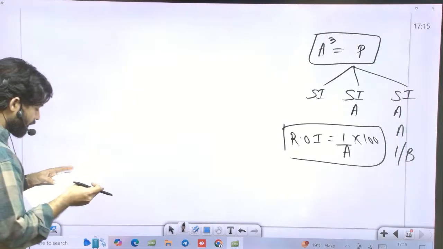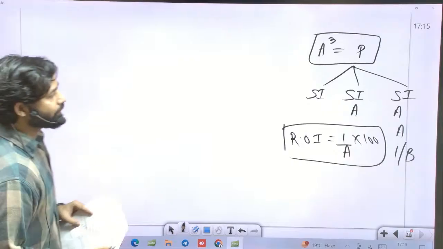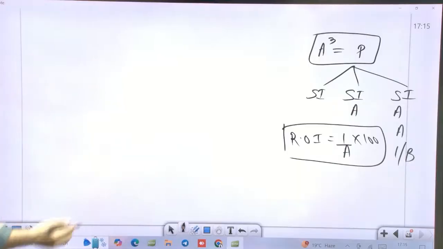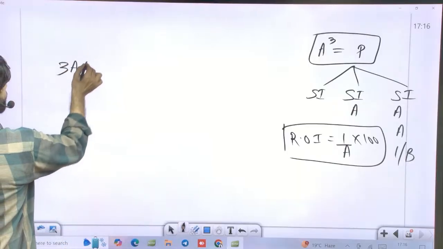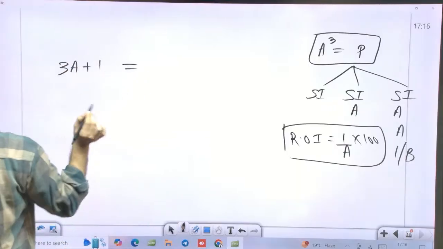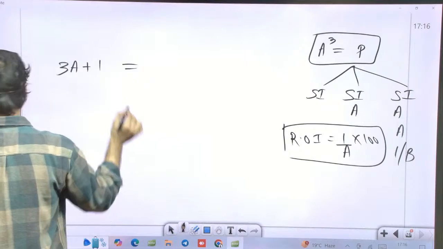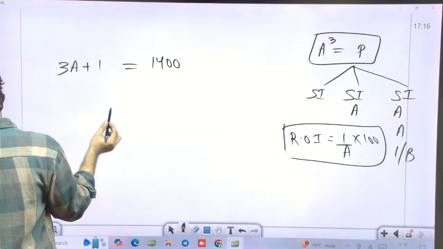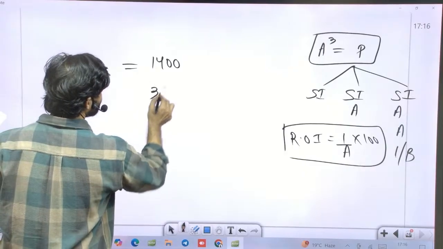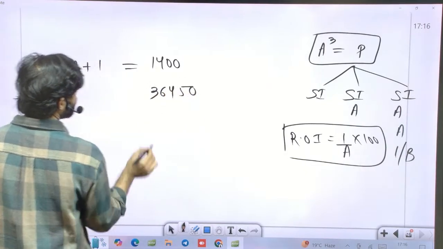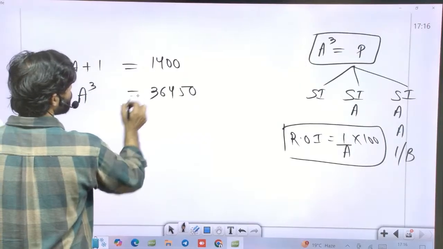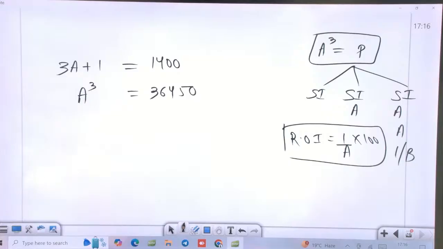The difference between the CI and SI for 3 years. What is the difference here? That is 3A plus 1, or 3A plus B. So let's take 3A plus 1, and the difference is 1400. And what is the principal? The principal is 36,450. And in terms of A, we can take the principal as A cube.